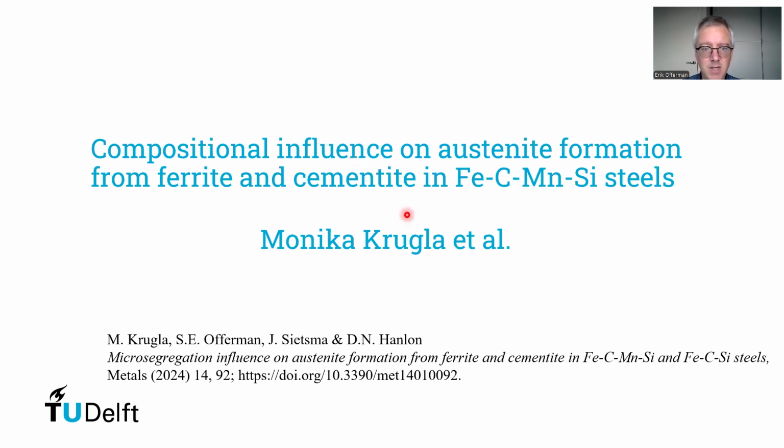And this is the PhD work of Monica Krugler, where she looked into the composition influence on austenite formation from ferrite and cementite in a series of iron, carbon, manganese, silicon steels.